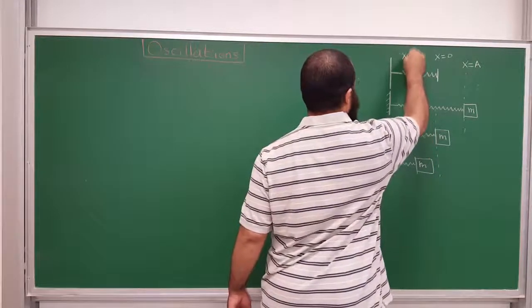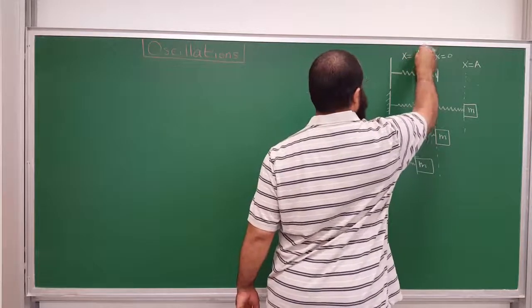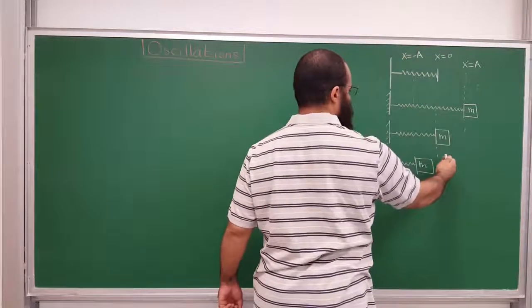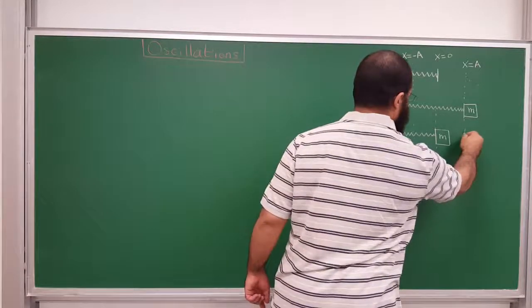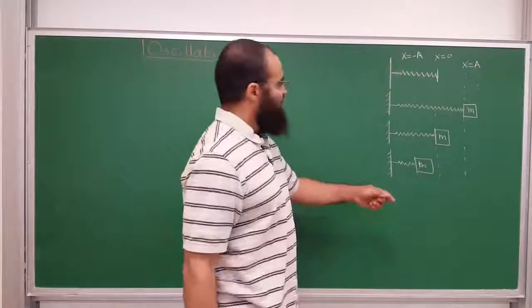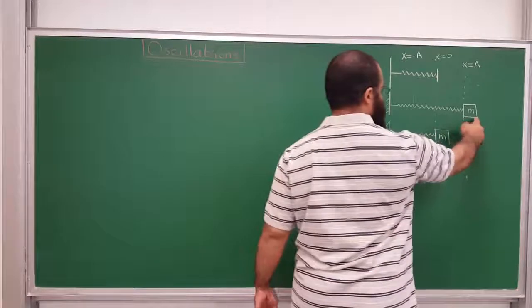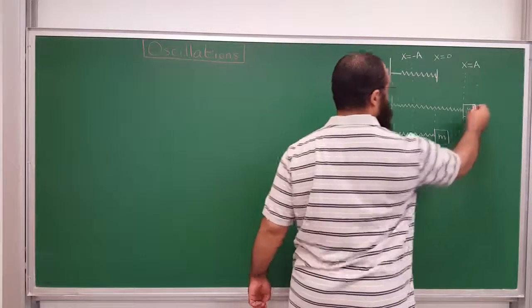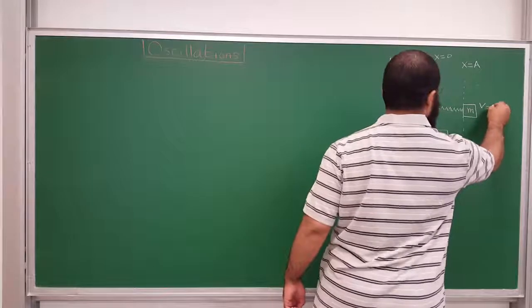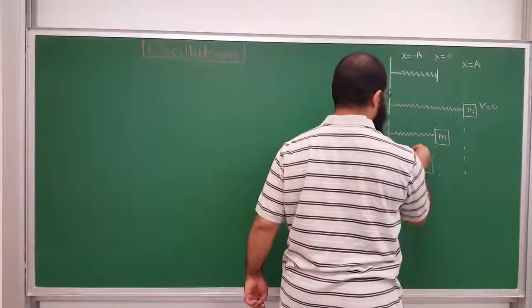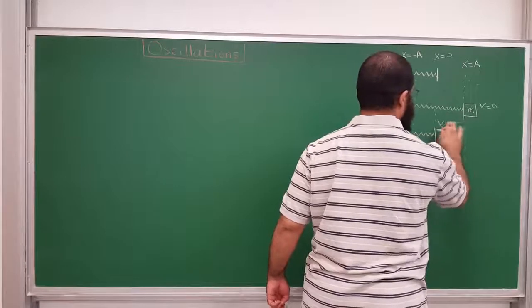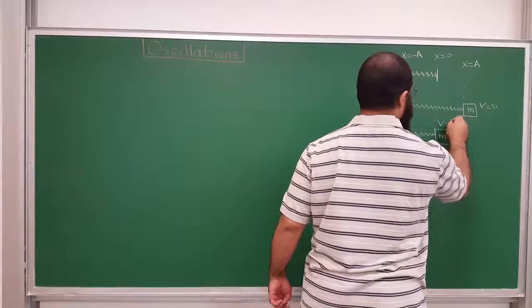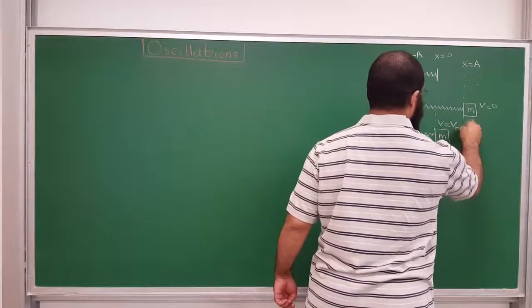This is x equal to negative A, because this is 0. The distance is A. From here to here, it's A. And from here to here, it is A. So here you have maximum displacement. At this point here, you have v equal to 0. Here, you have v equal to 0. And here, v is maximum, v equal to v maximum.